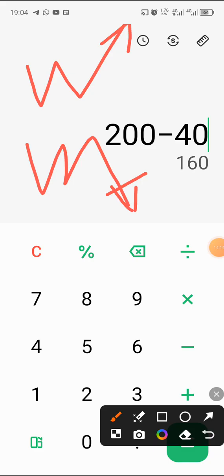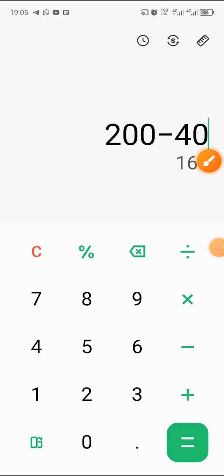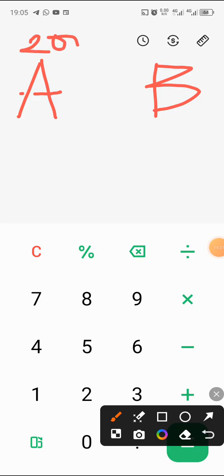Now let's take an example. We are two traders, trader A and trader B. We all have 200 as our capital. And we go to the market to buy, let me use maize, okay?